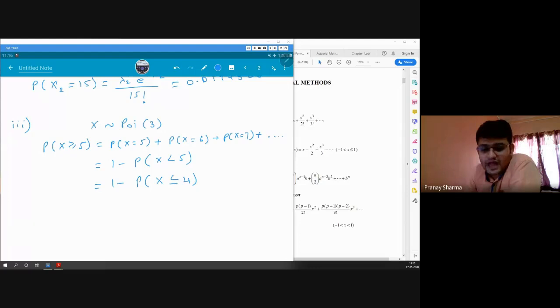So whenever I write discrete values, I never write just less than. Whenever I have less than, I convert it directly to less than or equal to. Similarly, if I had probability X greater than 13, I'm not including 13, so the next value that I'm including is X greater than or equal to 14.